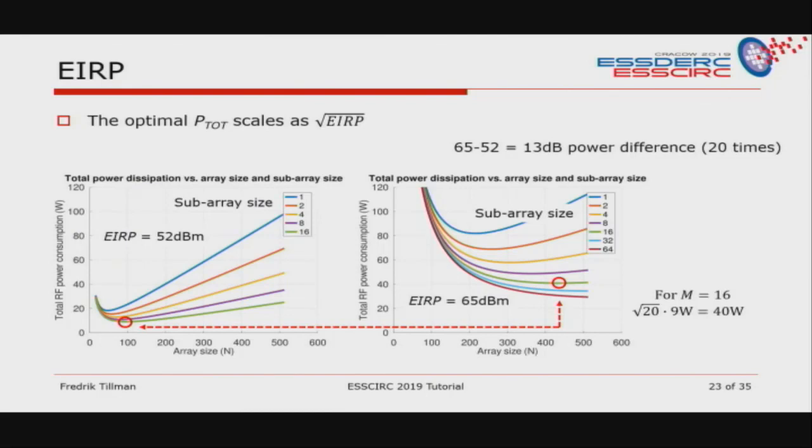You see that in order to scale up to 65 dBm EIRP, we need to add more subarrays in parallel, and then the power consumption will be proportional to the square root of the power difference of the EIRP. So in this case, we scale up 20 times, we consume 9 watts to the left, we will consume 40 watts to the right. So you have this square root dependency if you just keep the subarray size the same.